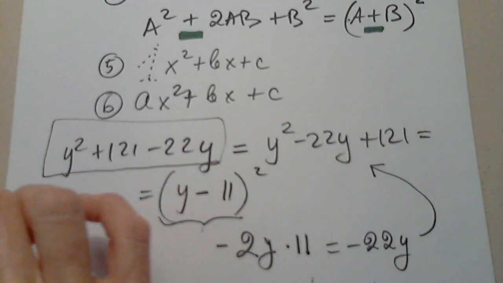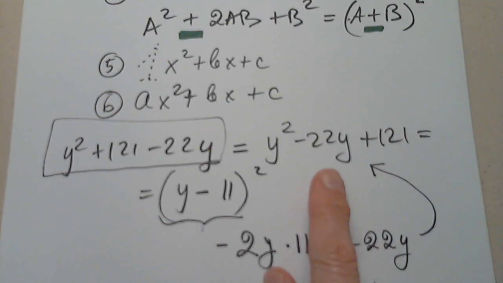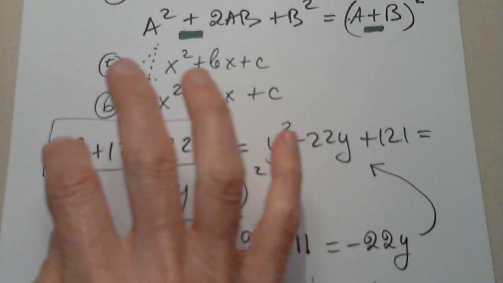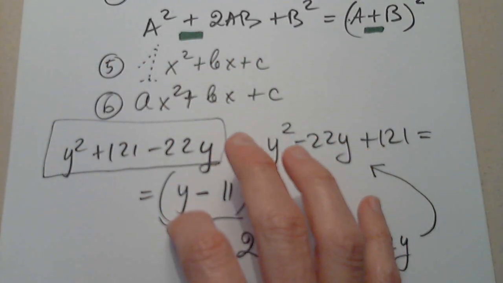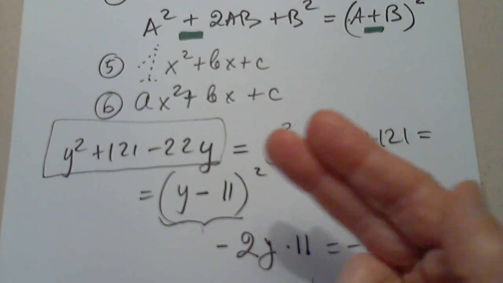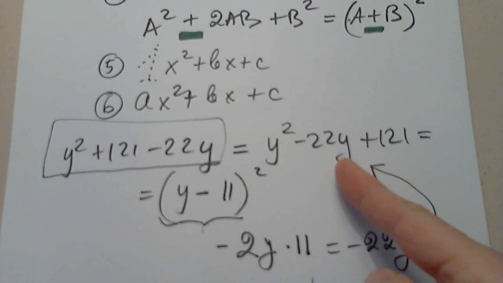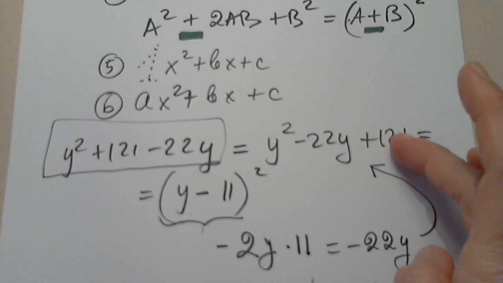But it turns out that it is exactly what it should have been. So then the factored form of this is indeed this. First term squared minus 2 times the first times the second plus the second term squared.